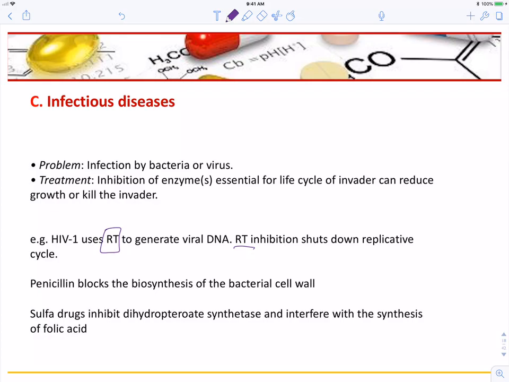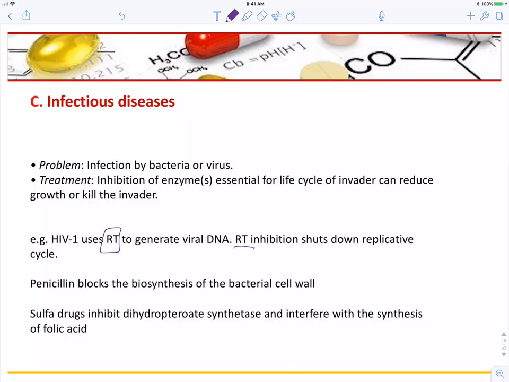Another example is penicillin, which blocks the biosynthesis of bacterial cell walls. Eukaryotic cells do not have a cell wall, and so this drug is selective for the bacterial infection and does not significantly damage the host.